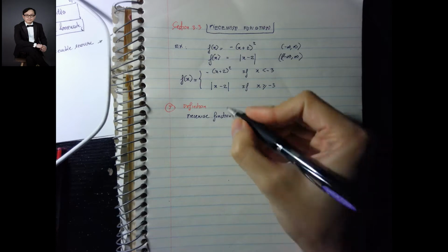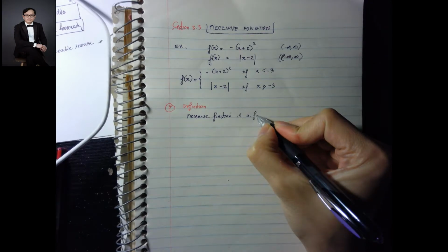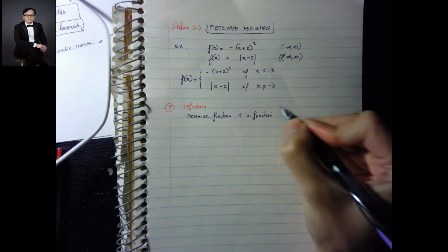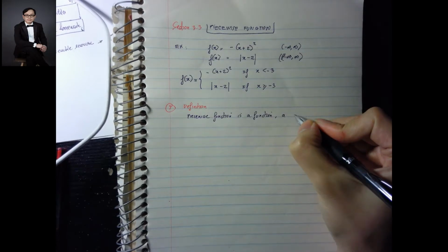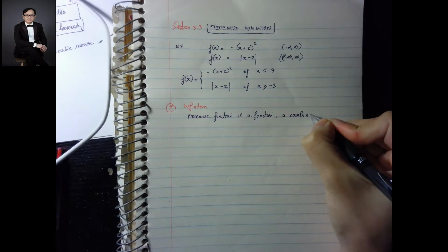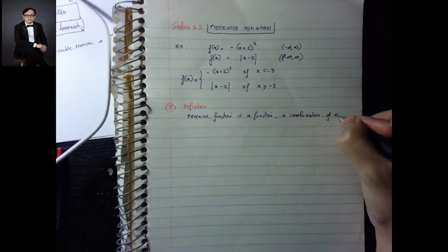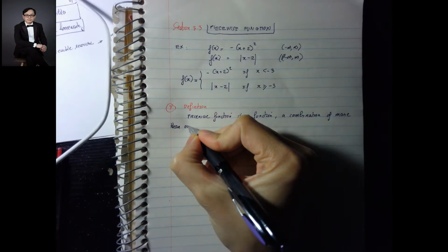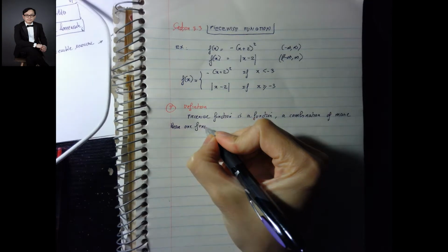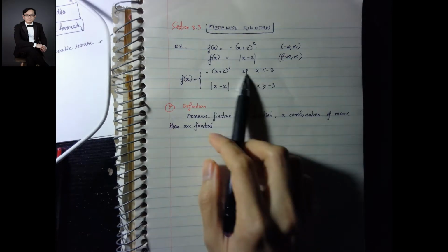A piecewise function is, first of all, a function. But it's not just a function, it is a combination of more than one function. For example, here I have two functions.